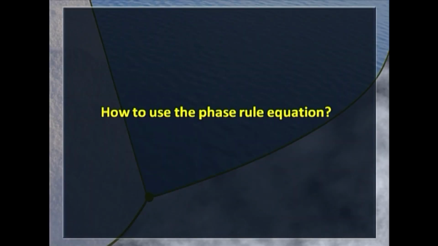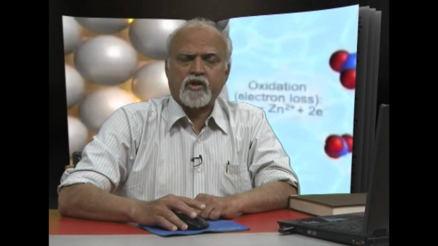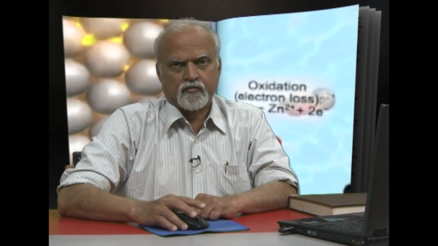Now, we can see how to use this equation. The systems can be very complicated. There can be a system in which there is one solid, one liquid and a gas phase, but there can be systems in which multiple solid phases and multiple liquid phases can be present. Therefore, such systems can be really complicated.